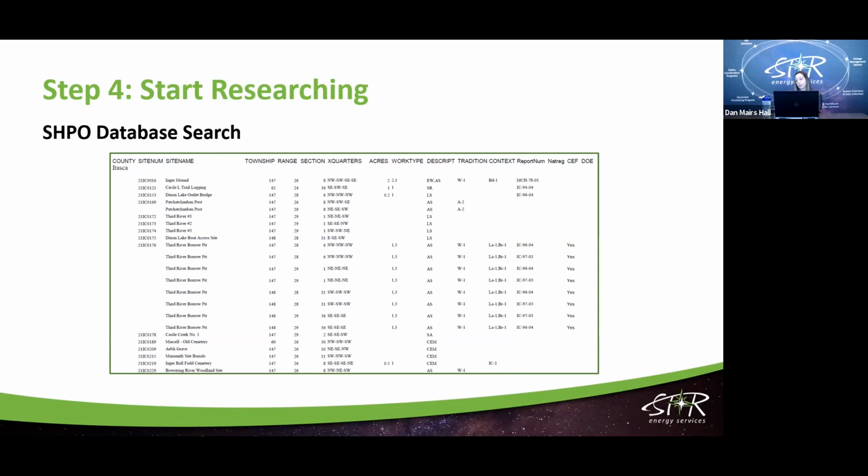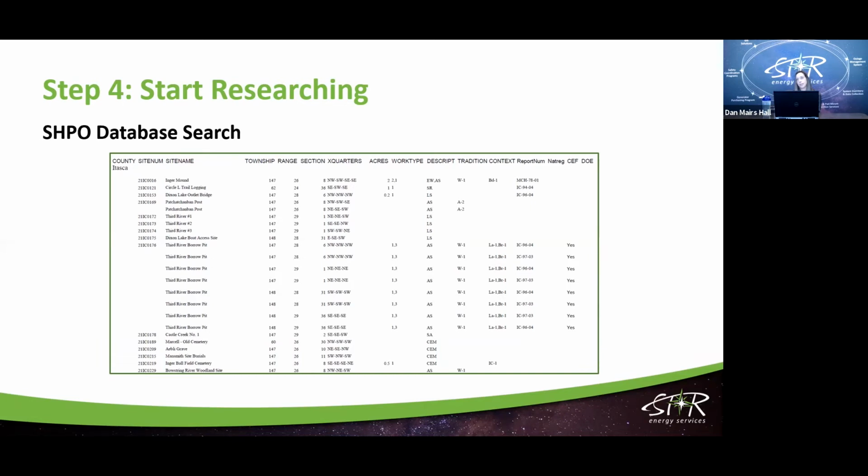So our goal, once we go through and identify which sites are actually within the APE, is to justify how doing the project will still have no effect on the historic or archaeological resource. So by boring around the site or under the site, we have to justify why that won't have an effect. Or maybe you're going on the opposite side of the road from the site.